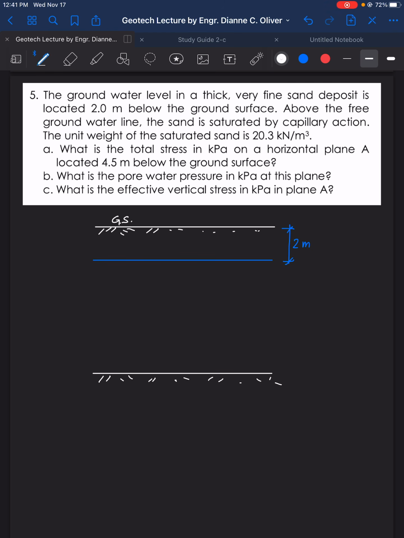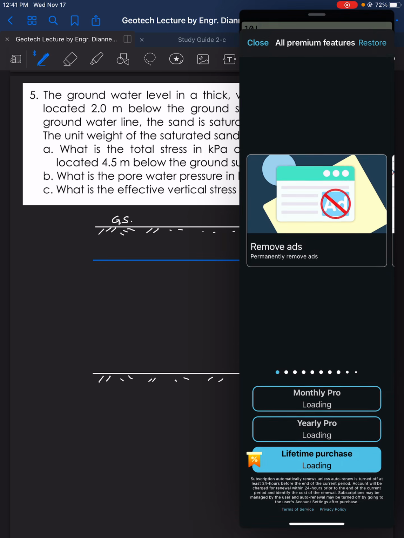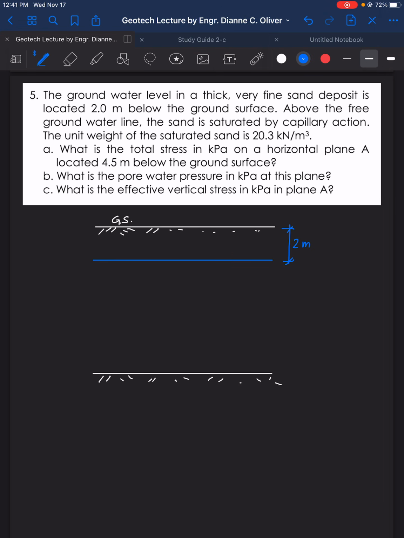Above the free groundwater line, the sand is saturated by capillary action. If this is a water table, so what do you call the gamma here? Is it gamma sat or gamma moist?